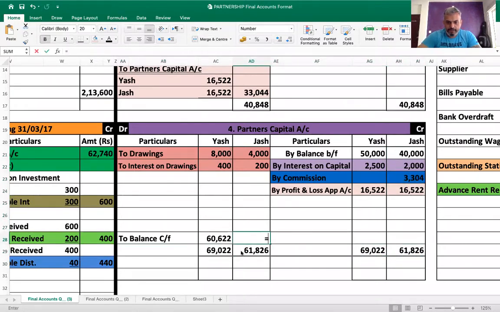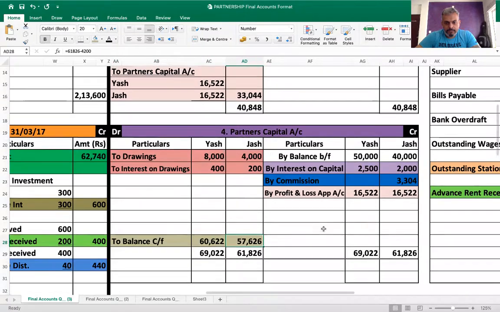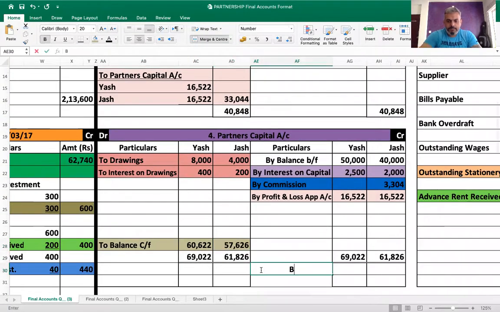Find his balance. 61826 minus 4200, 57626. By balance brought forward.